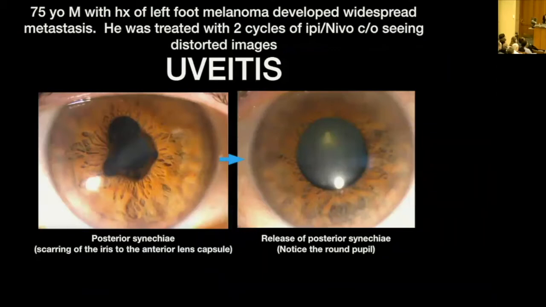And you can see a little bit of scarring. And this is what we call posterior synechiae, where the iris is adherent to the anterior lens capsule. This patient was managed with topical corticosteroids, topical prednisone, and after 1 month, you see release of the posterior synechiae, and he now has a round pupil.